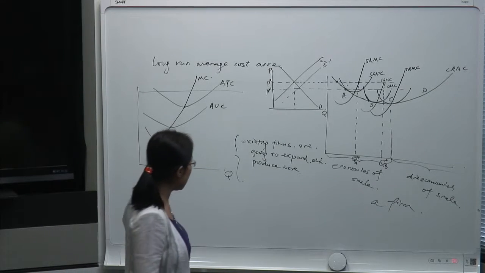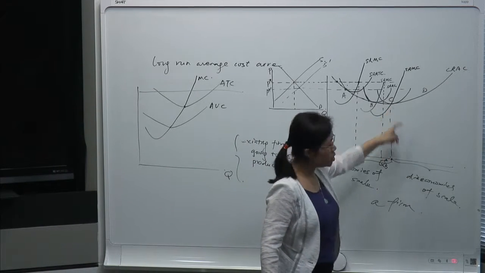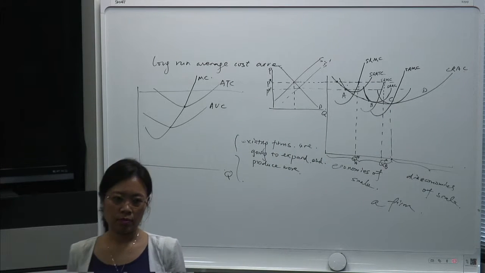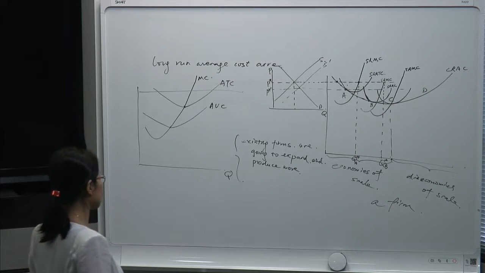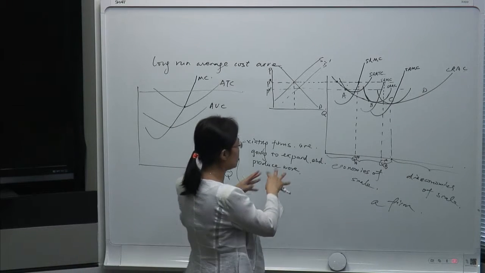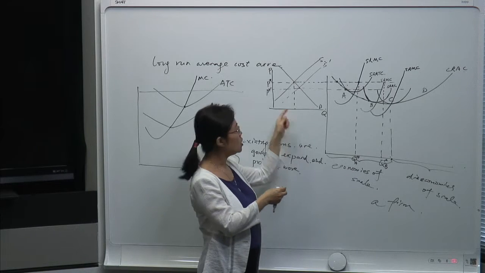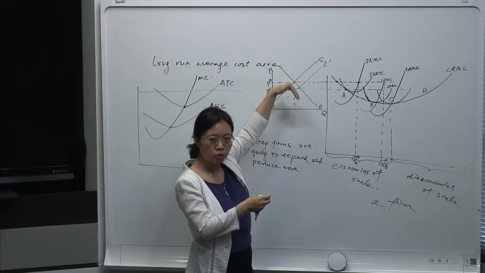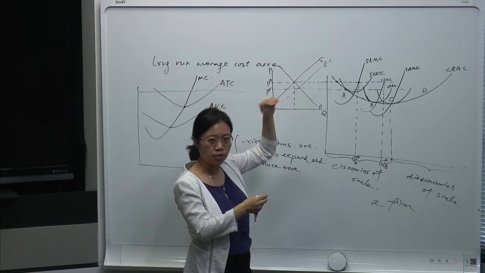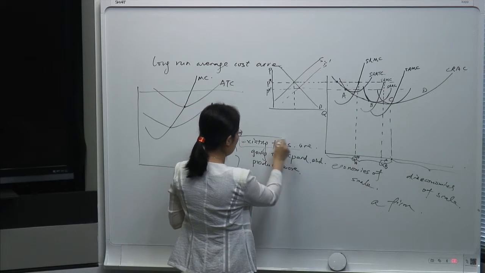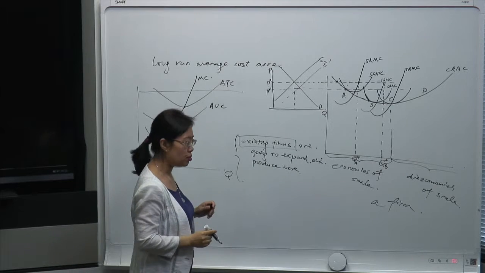So as long as the scale C has not been reached, the firm will keep expanding. And that kind of change will have this kind of impact on the market, so the price will keep being pushed down by this kind of change. All right. So this is about what the existing firm is going to do.